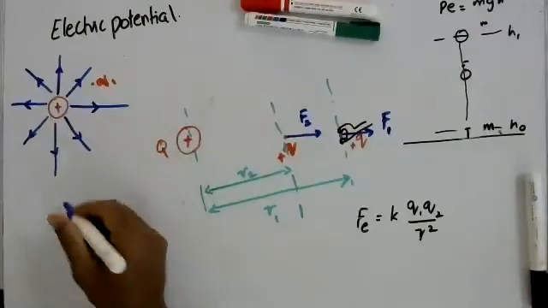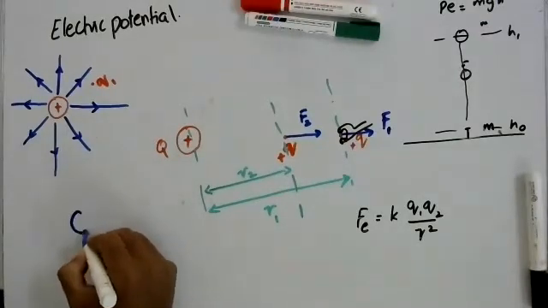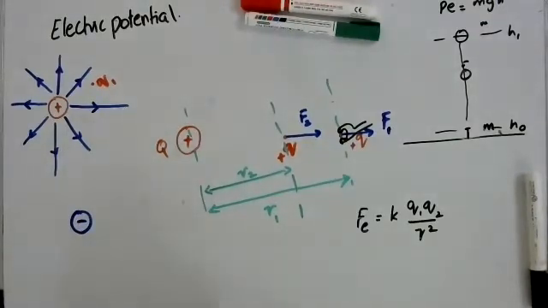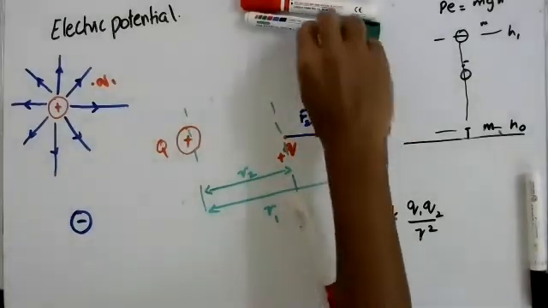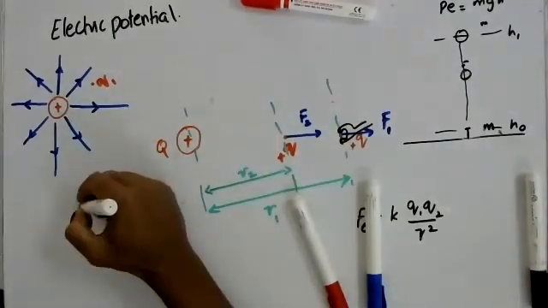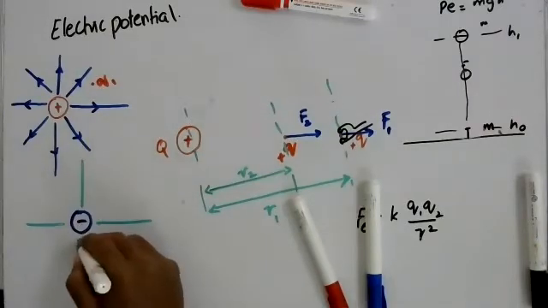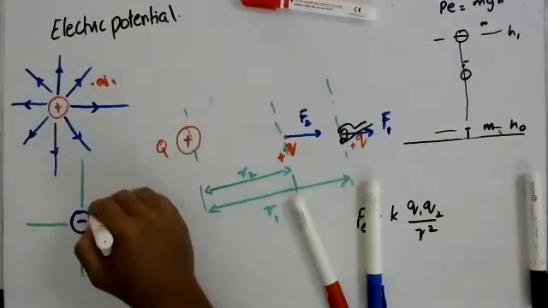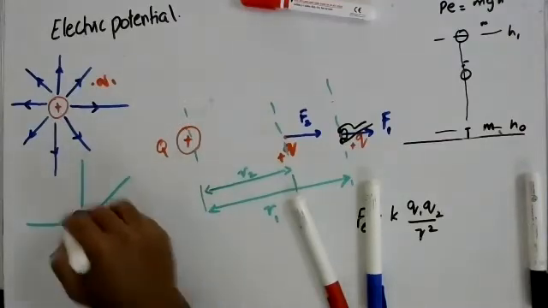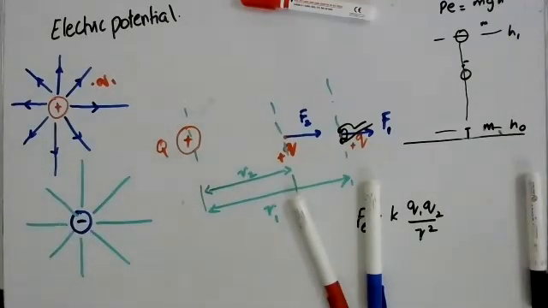And naturally, if you have a negatively charged object, then the field lines are going to be reversed. I'm just showing it with a different color. It's not necessarily so that they are shown in green color or blue color. So these will be the field lines, and naturally now the opposite will apply.